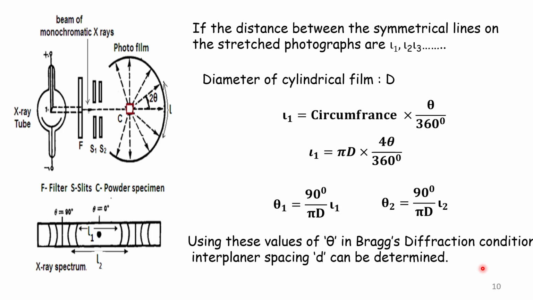But the width of the photographic film is very narrow, so we observe the symmetrical lines on the film, and if we measure the distance between these symmetrical lines, from this we can find the values of theta 1 and theta 2.